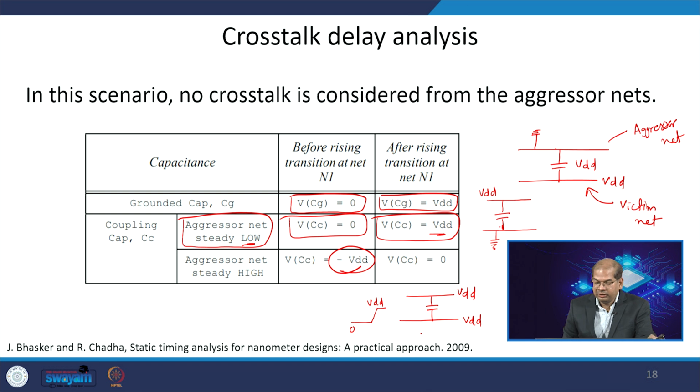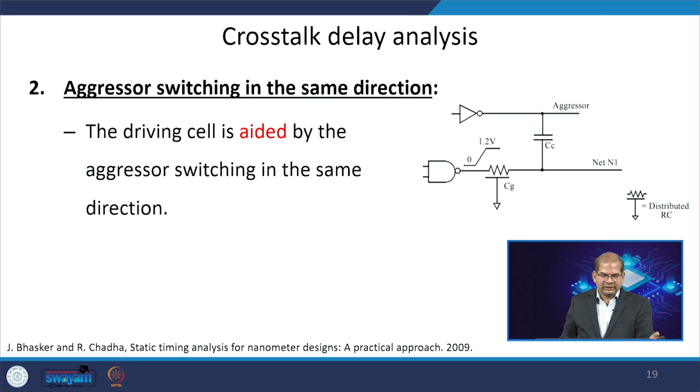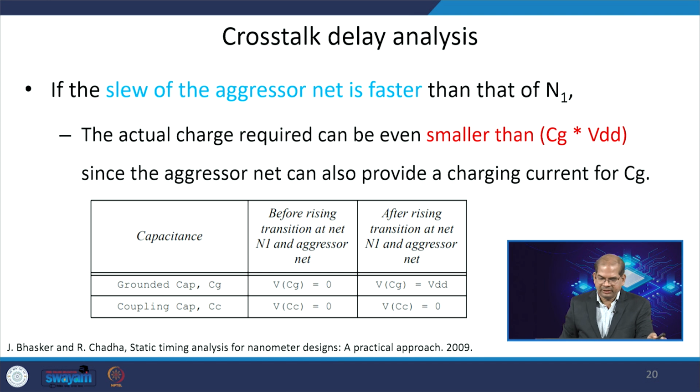So, the voltage across this capacitor is minus VDD before transition, and after transition the voltage across this capacitor is 0, because both plates of the capacitor have the same potential. So, here the aggressor is switching in the same direction. This is the second condition: the aggressor and the victim net are switching in the same direction.